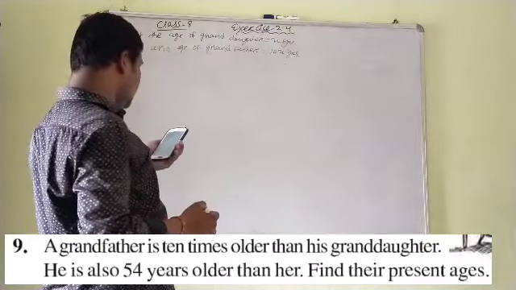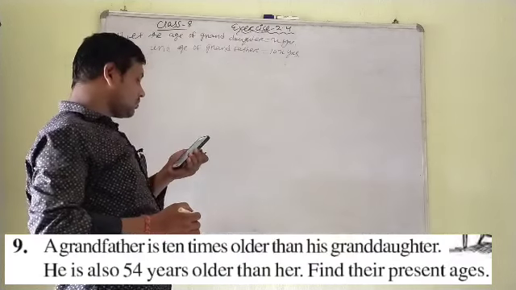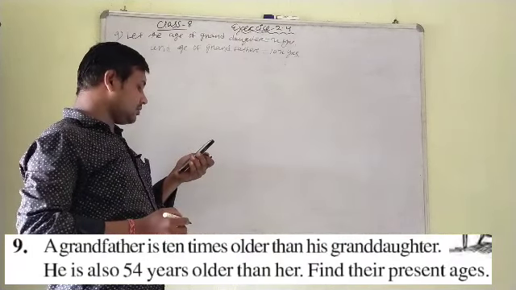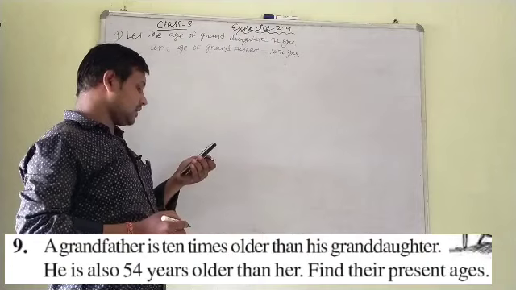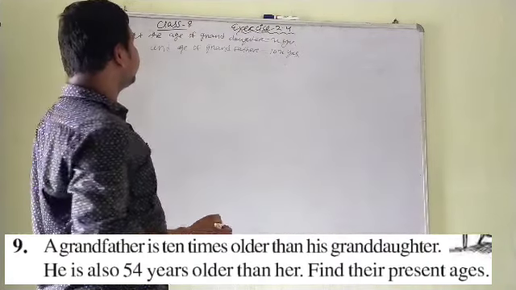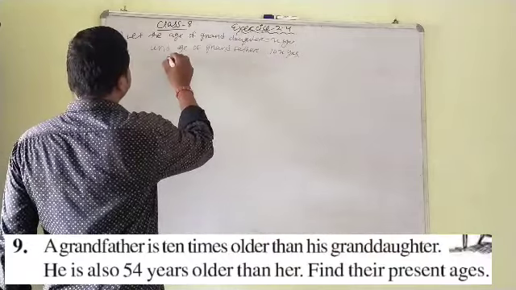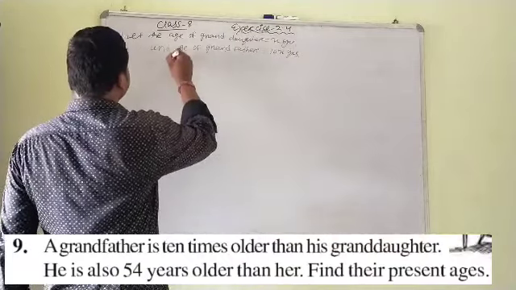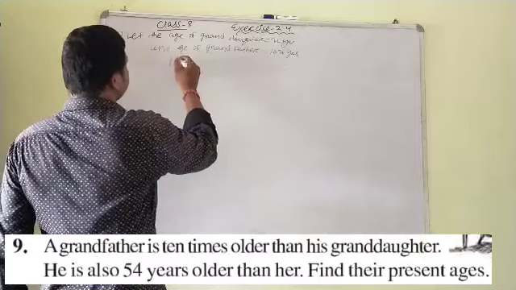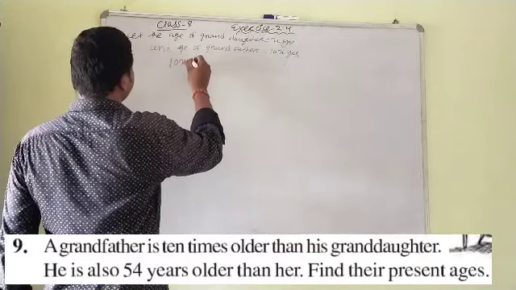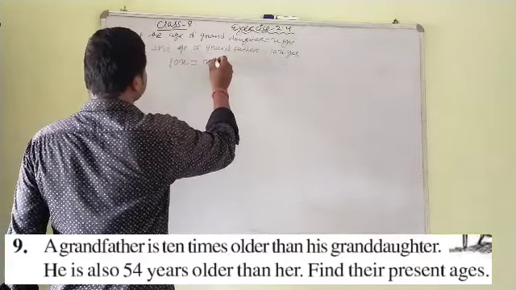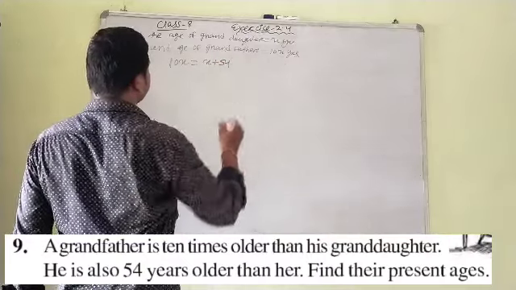He is also 54 years older than her. So we'll write down 10x, that means the grandfather's age, is given as 10x equal to x plus 54 years.